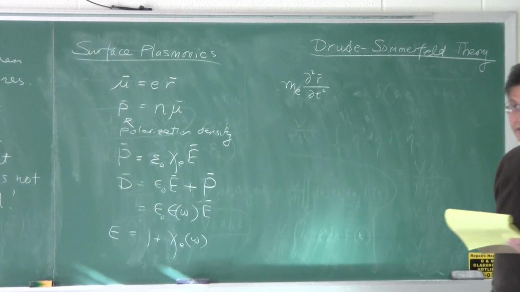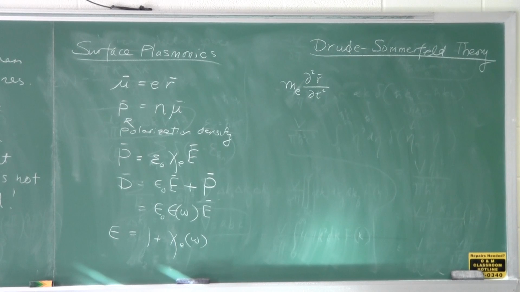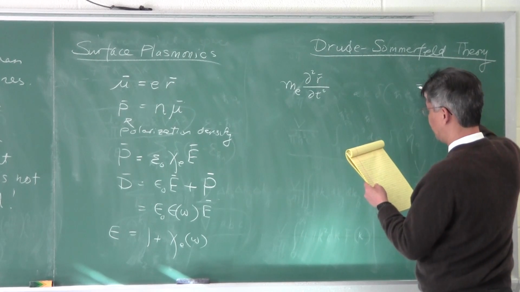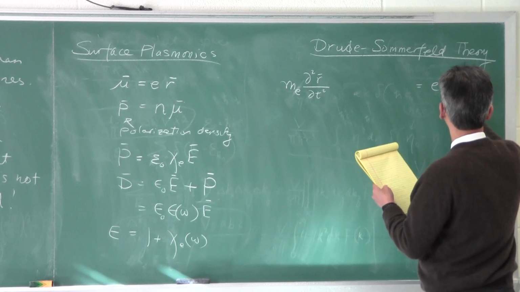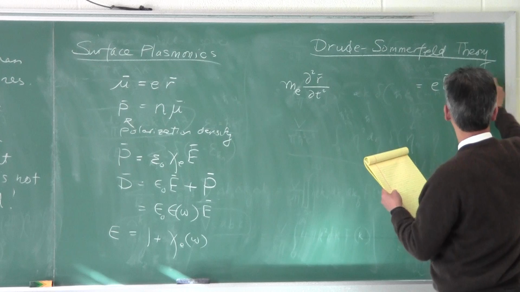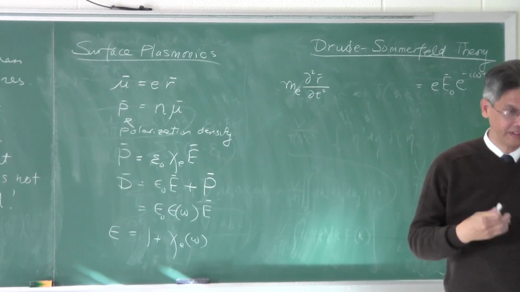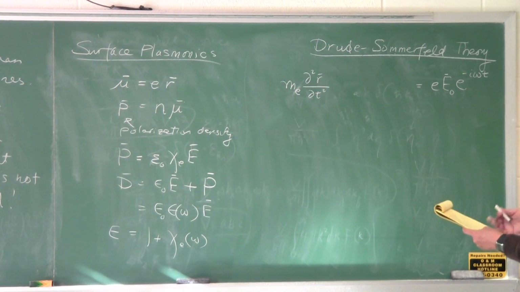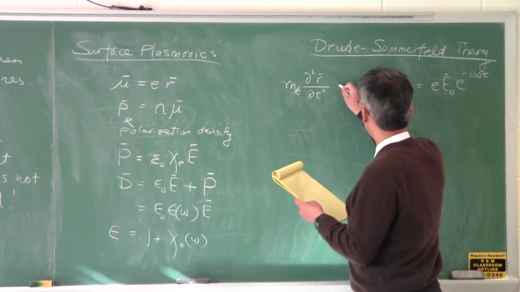This is Newton's law, mass times acceleration equals force. And then it will be equal to some kind of an applied field. The applied field is time harmonic, so it has time dependence of this form. It's going to drive the electric charge moving around with that effective mass. Okay, there's a concept of an effective mass of an electron that we will not belabor at this point.